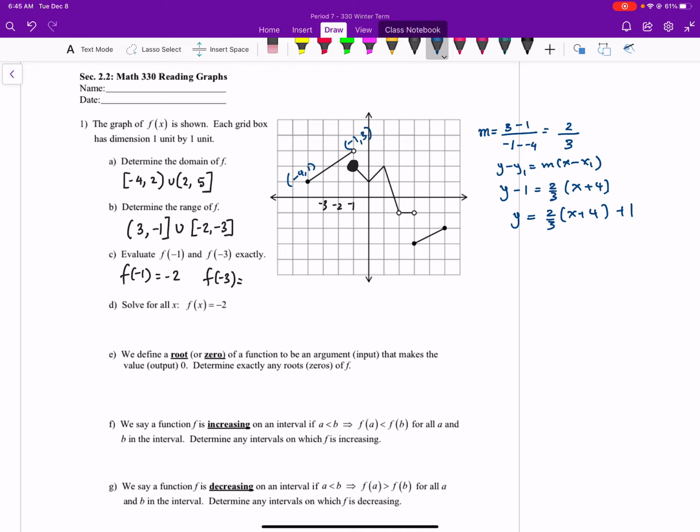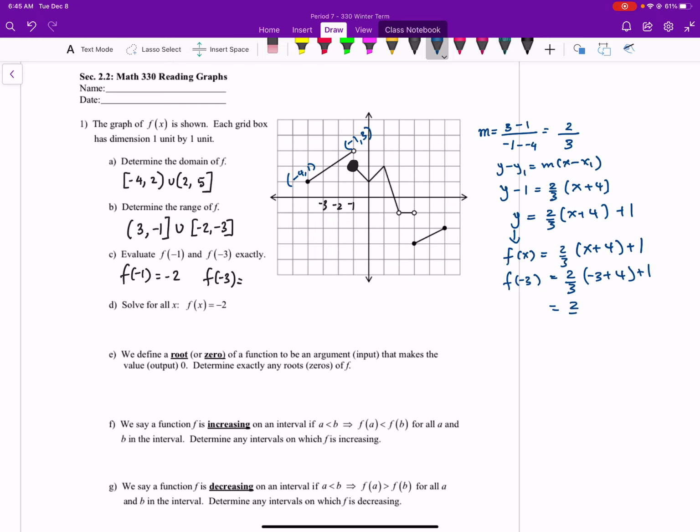And remember that we said y is this nice name for what? f of x. I can write this as f of x is equal to 2 over 3 times (x plus 4) plus 1. So at f of -3, we're going to get 2 over 3 times (-3 plus 4) plus 1.